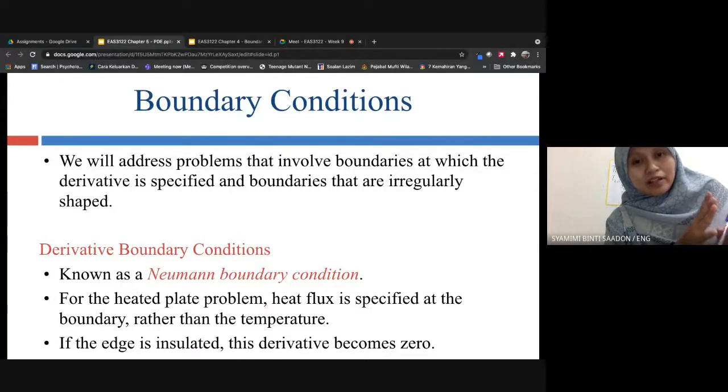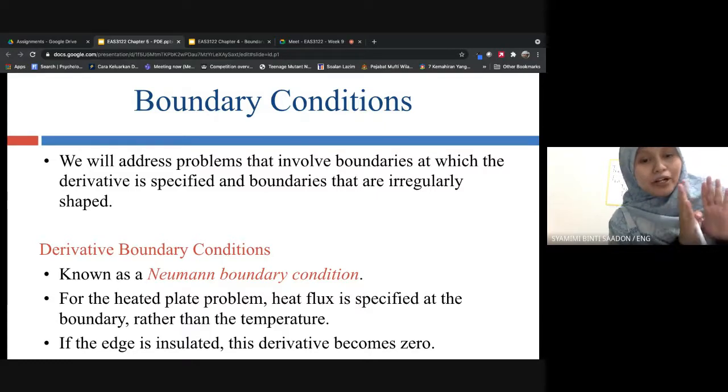Insulated means that we put a material with no conductivity, or with very minimal conductivity, so heat transfer cannot occur at the extremity, at the boundary. Something like a foam, so that the conduction process cannot occur.